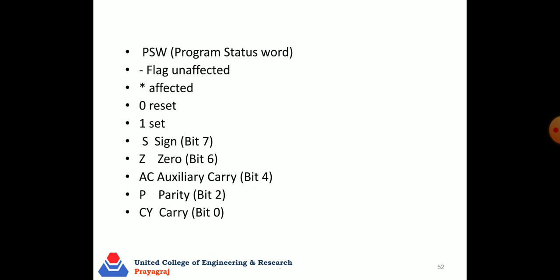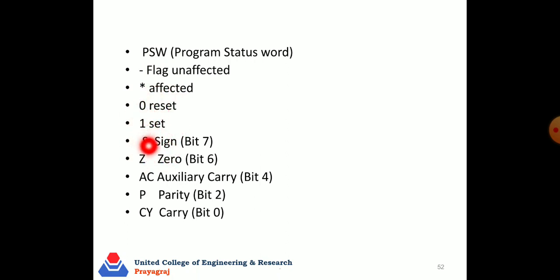There are a few syntaxes or words whose meaning we have to know. PSW, we generally use PSW in the next slides. The full form of PSW is program status word. Dash means the flag is unaffected, and an asterisk means the flags are affected. 0 means reset, 1 means set.